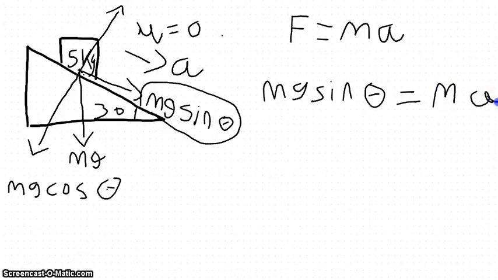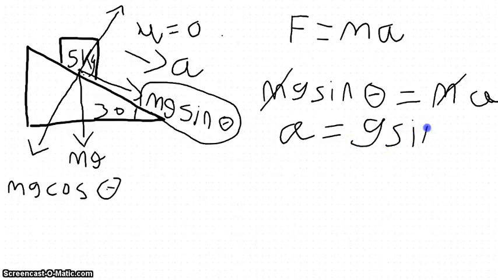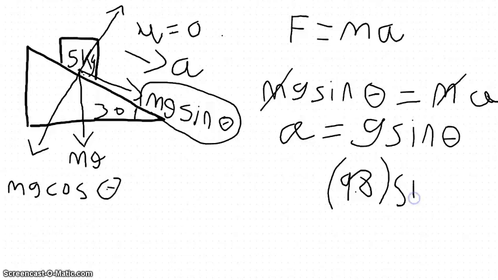The mass in this equation would cancel out, leaving a, which is acceleration, equal to g sine of theta. G would be gravity, which is known as 9.8, and sine of theta, where theta is 30 degrees.